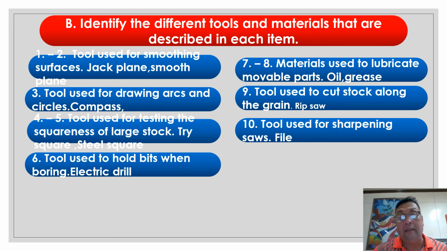Number 7 and 8, material used to lubricate movable parts: oil, grease. Number 9, tool used to cut stock along the grain: ripsaw. Number 10, tool used for sharpening saws: file. If you got that all correct, very good.